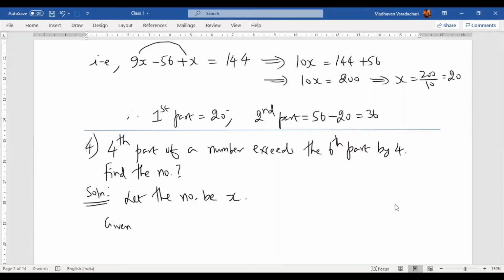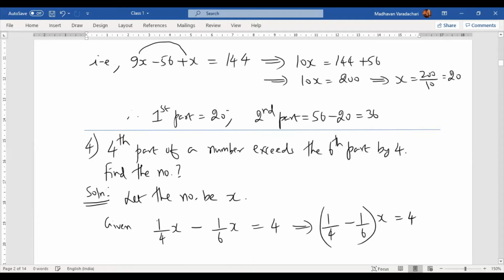This 1/4 of x exceeds, so I will put a subtraction sign because of the word exceeds, the sixth part, 1/6 of the same number, by 4. So equal to 4. Now you have to simply find x. So I can write it as 1/4 minus 1/6 times x equal to 4.